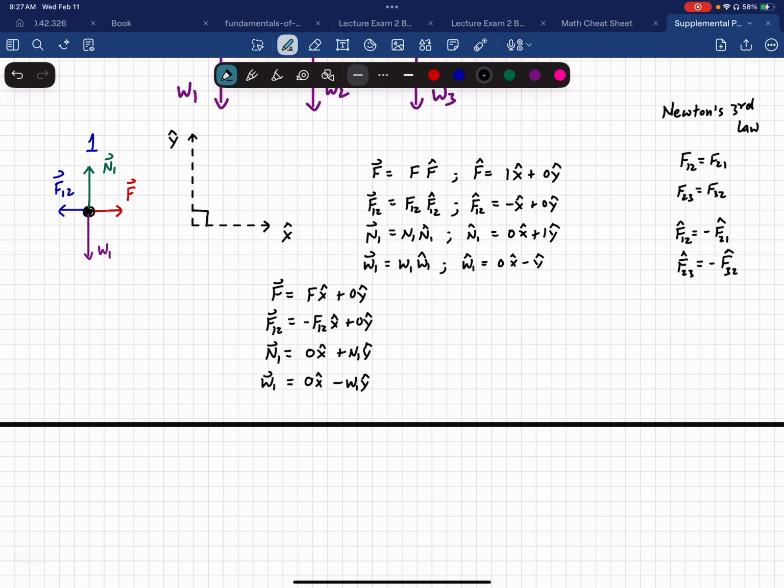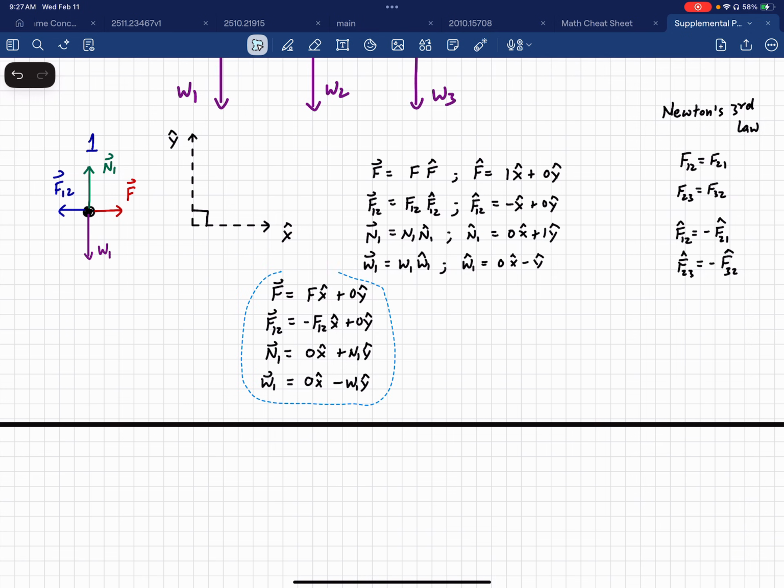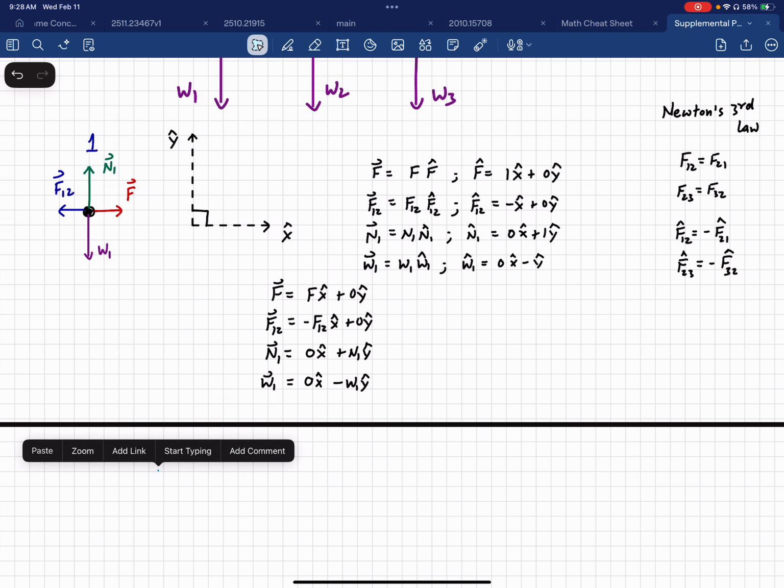Now, when we add all of them, so what do we get? I'll copy it here, since I don't have space.